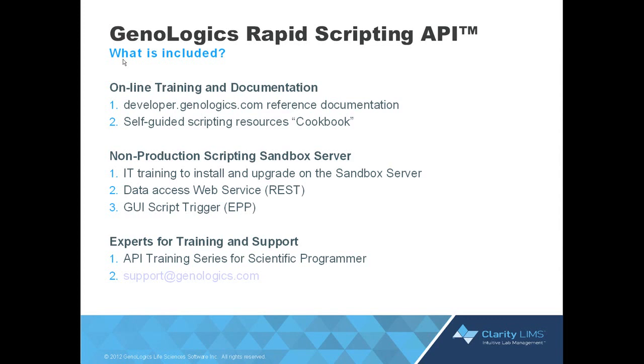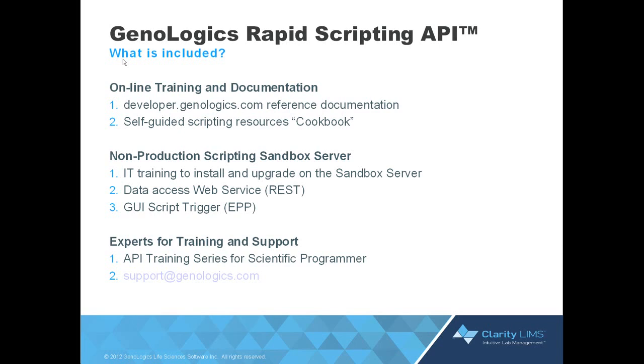The Rapid Scripting API package is really made up of three components defined on this slide. Perhaps the most important of which is the online training materials and the documentation.